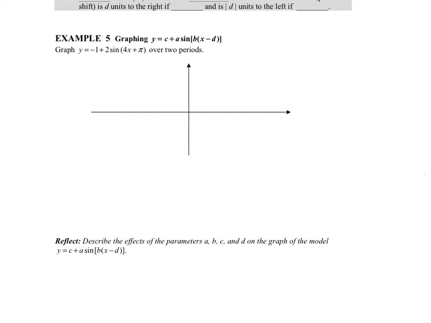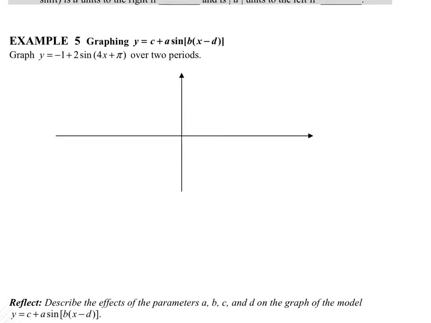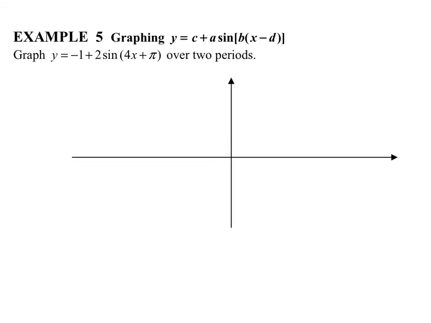Okay, for example 5, you'll notice that he has a constant. If it's a positive C, it's going to go up. If it's a negative C, it goes down. The A is the amplitude.